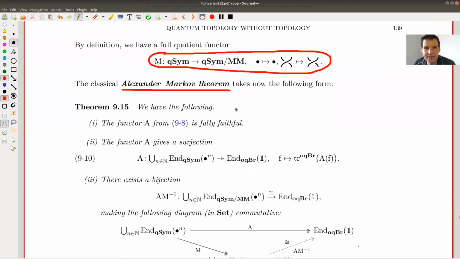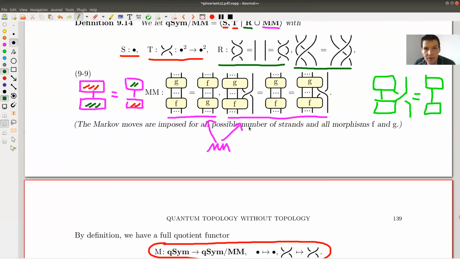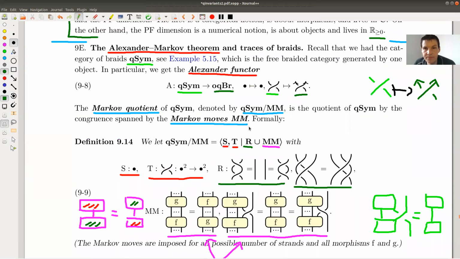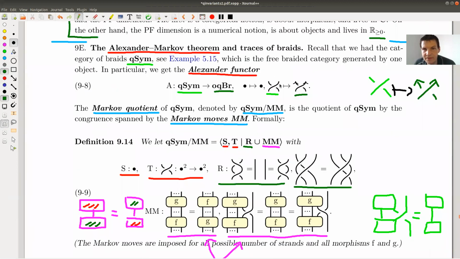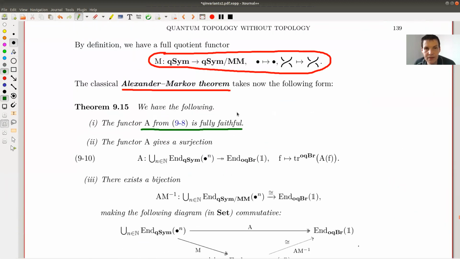And the point is, the functor A is fully faithful. That's not so exciting, that's kind of clear. The functor A gives a surjection, and that's more interesting.